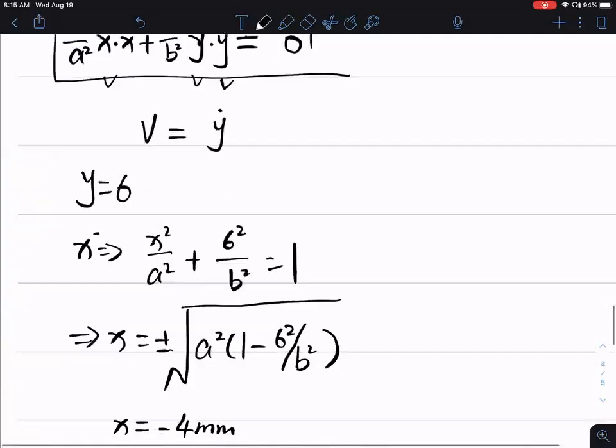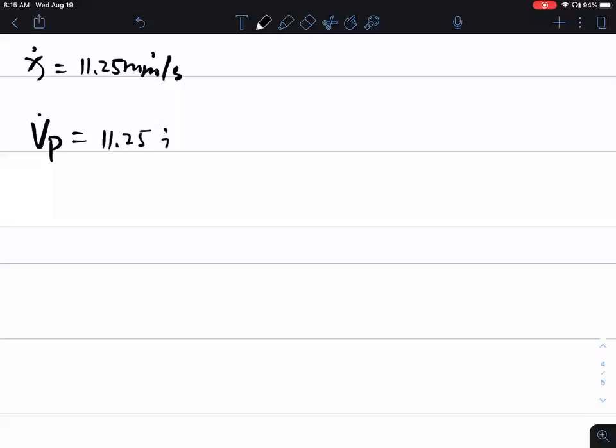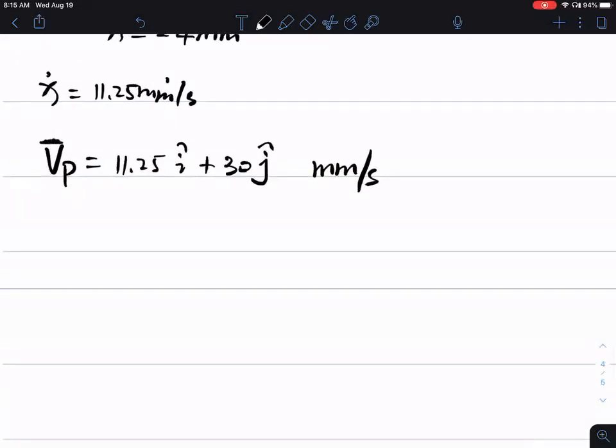Then just plug in the numbers, you should end up with the velocity for that particle, which is 11.25 i plus, in the y direction, it's just the velocity of 30 j. And make sure you add units. The unit here is millimeters per second. And here, this is particle velocity, so make sure you have that vector notation.